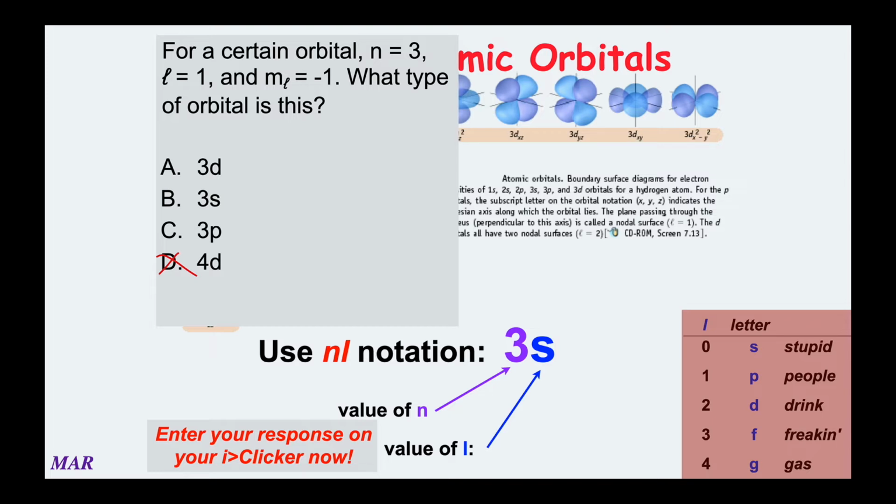If you go over here to this little diagram, L equals 1 is P. This should be a 3P, so answer C would be right. If it was 3S, you would have L equals 0. If it was 3D, you would have L equals 2. So you can hopefully quickly interpret what the NL notation means in terms of N numbers and L numbers.